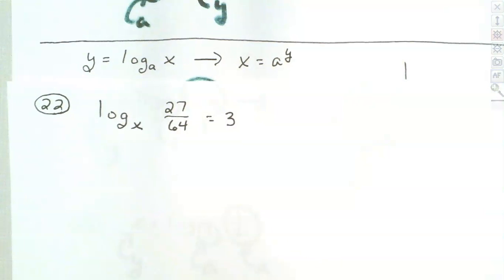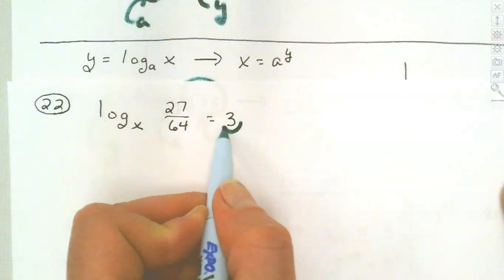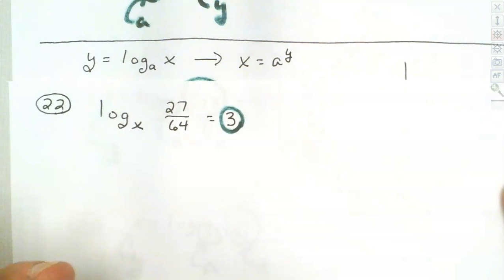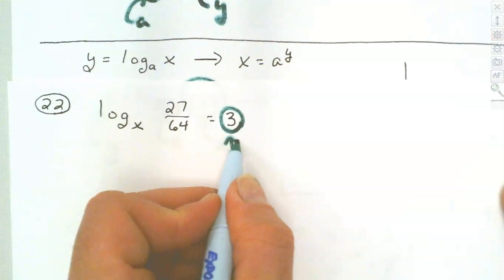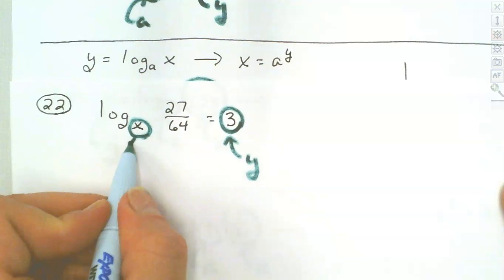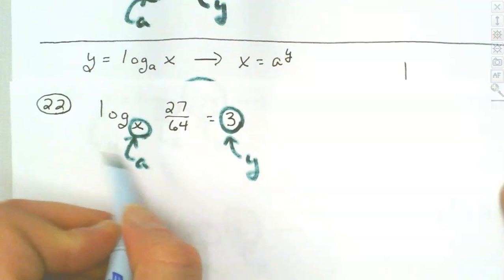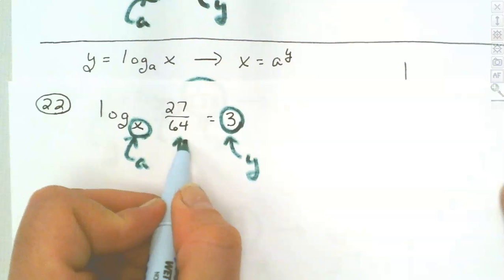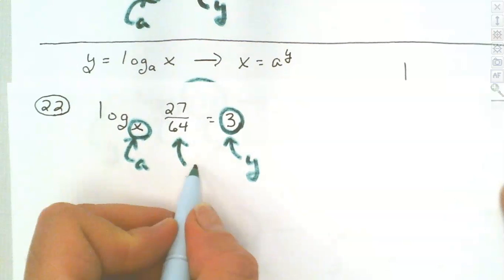We've done several of these already where we convert them. Label the pieces. Okay, the number on the end, that is your y. So the number by itself is the y. The number down below, or the variable in this case, is your a. And then the number inside your logarithm, that is your x.